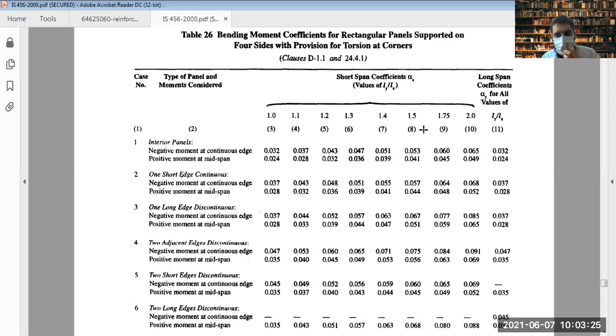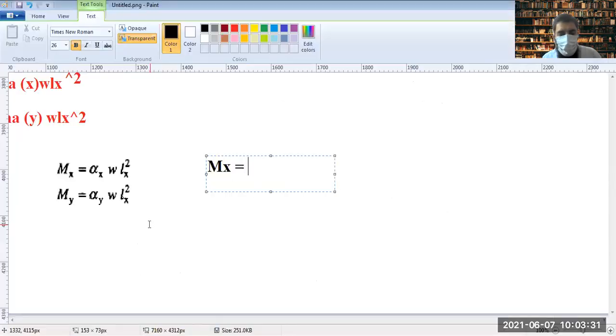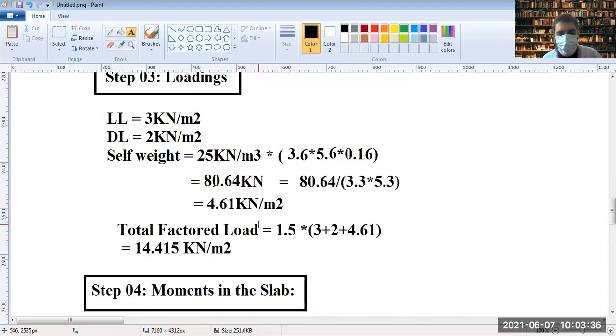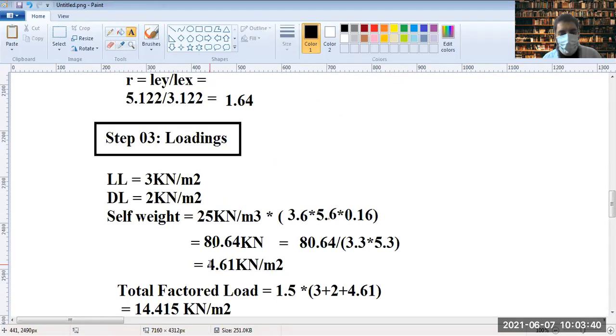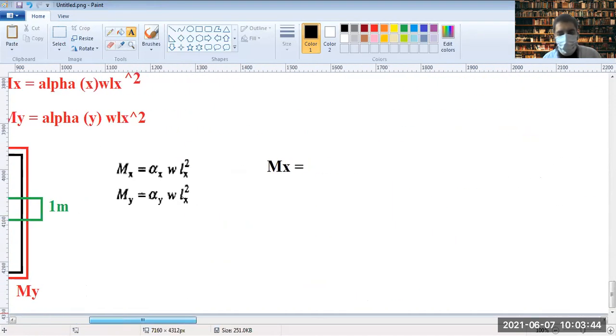How much did we get for Ly by Lx last time? It was 1.64. So we need to determine alpha x first for 1.64.